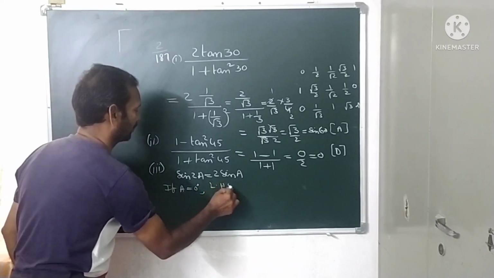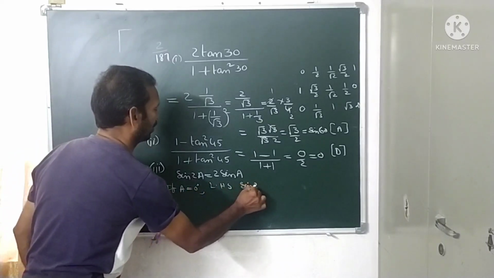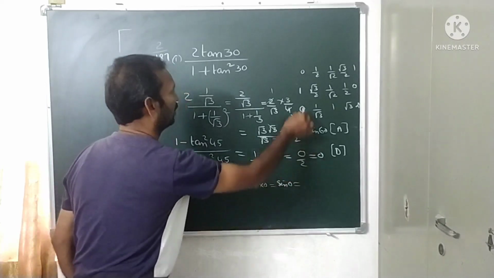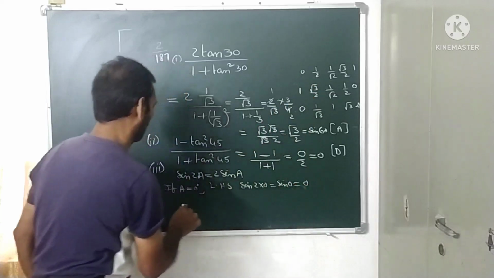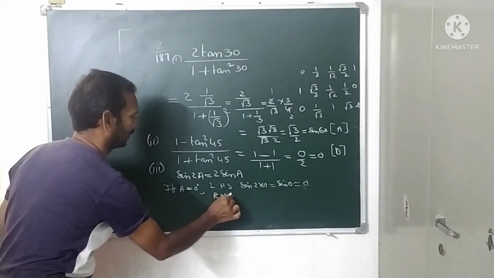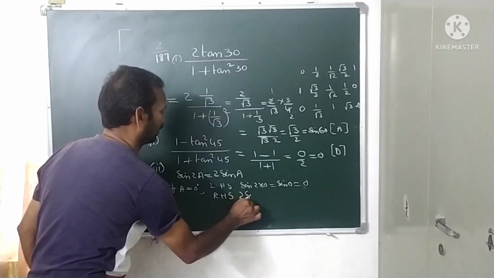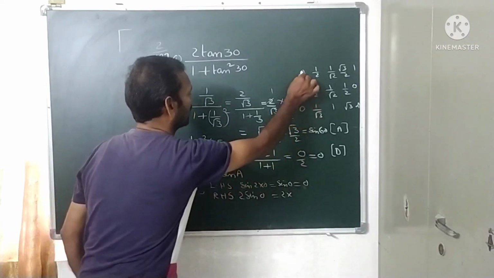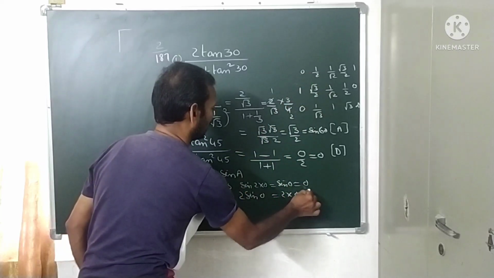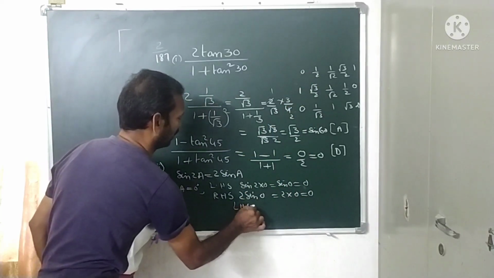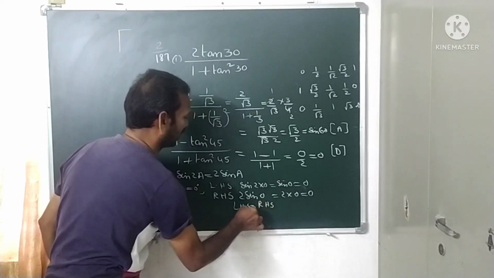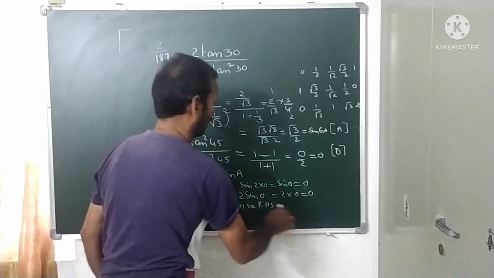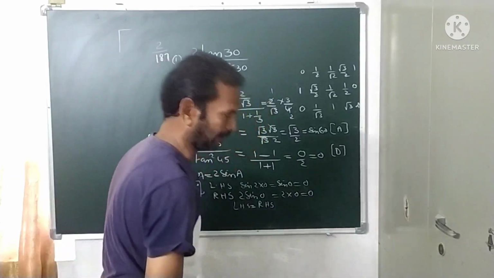LHS value is sin 2 into 0, sin 0, and sin 0 value is 0. RHS is 2 times sin 0. 2 into sin 0 value is 0. So LHS is equal to RHS. It is correct when A is equal to 0 degrees. So the answer is the first option, A.